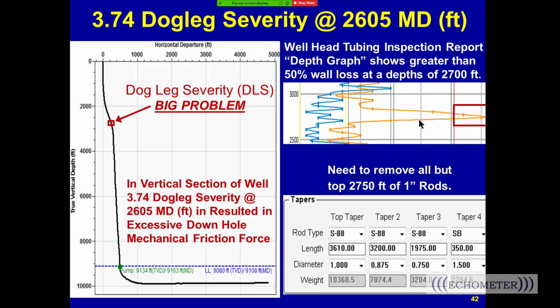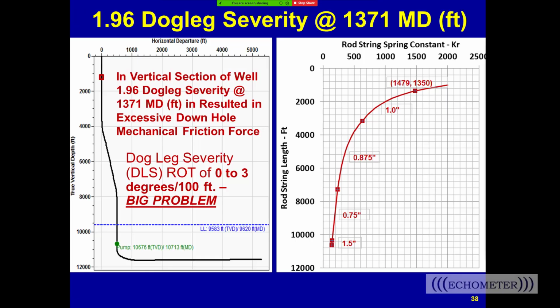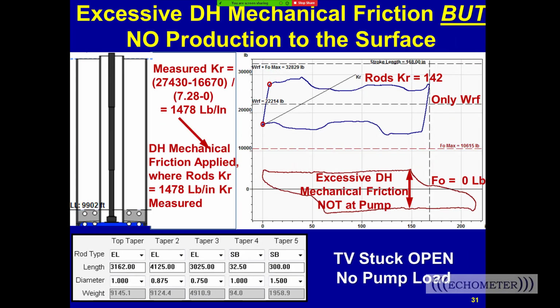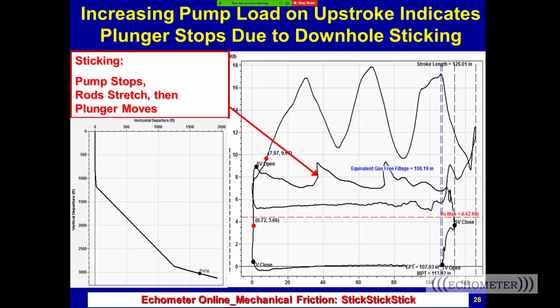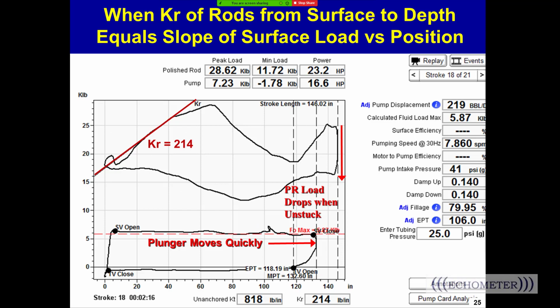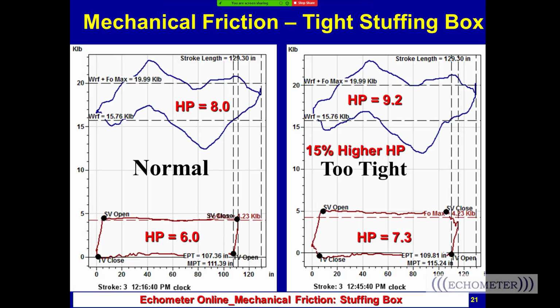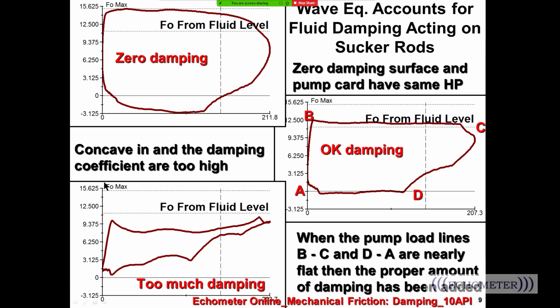Good. If you can refer to slide number 9 or 11, it's the same. The question is, why is the downhole load plotted below the FO from the fluid level? Okay, so this line right here, the load from the fluid level and the maximum load, is calculated based on the pump intake pressure being 0. If you have 0 pump intake pressure, you have to have more lift.